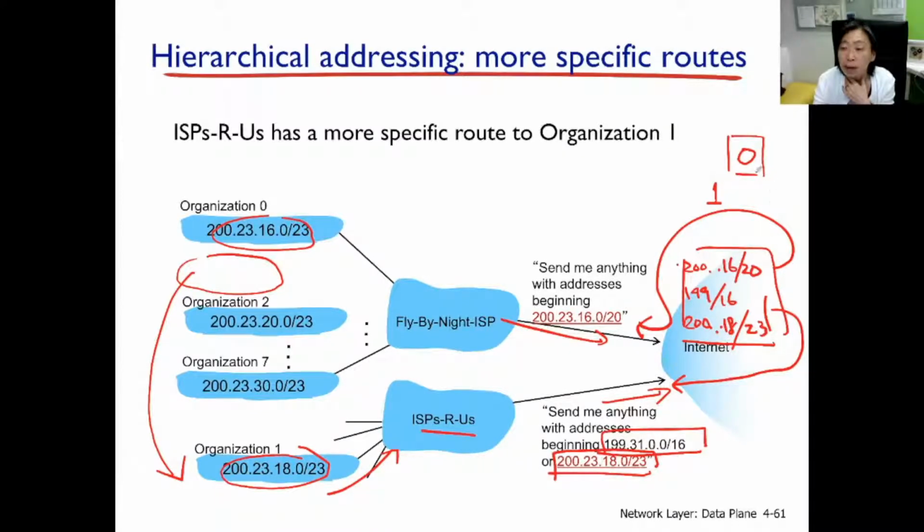So a packet going for destination organization 0 is going to travel down to organization 0. So setting up the forwarding table this way, not a problem. Similarly for organizations 2 and 3 and all the way to 7. As long as the destination IP address matches this, it's going to come down this way.